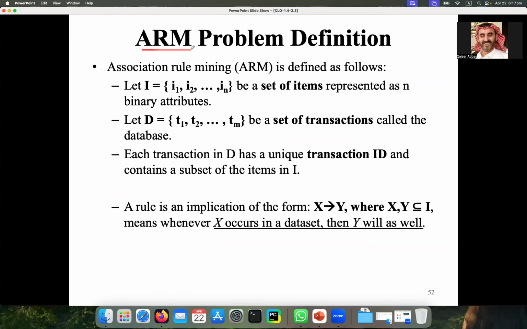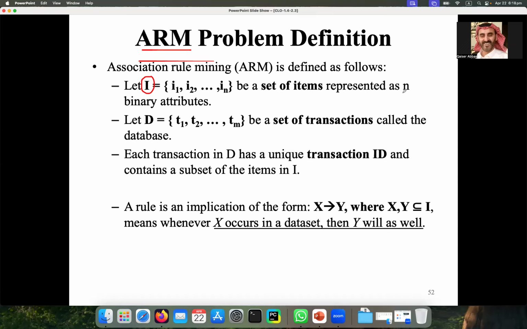ARM, association rule mining, how we can define it. We can define association rule mining like this. The first thing we have in association rule mining is some set I, capital I. That I will have I1, I2, up to IN, and these small i's are the items, the products in that set.